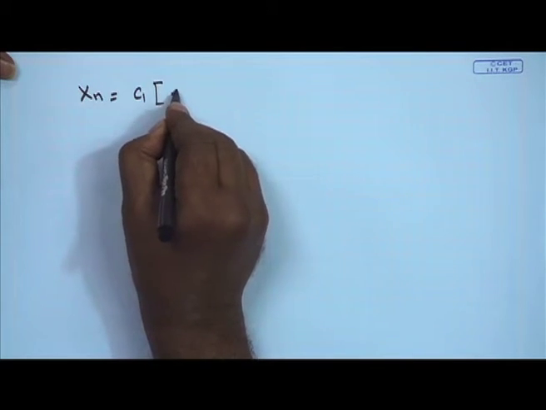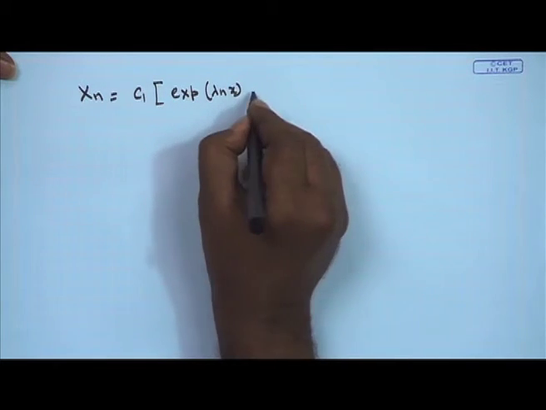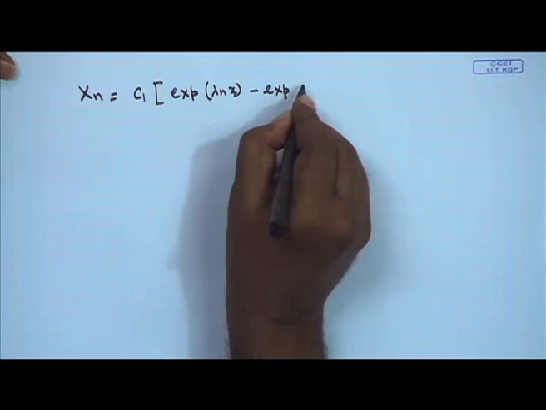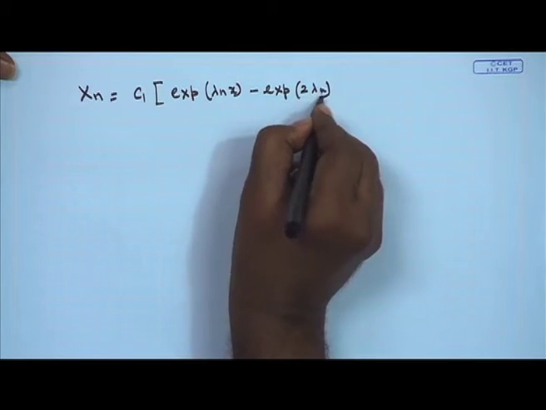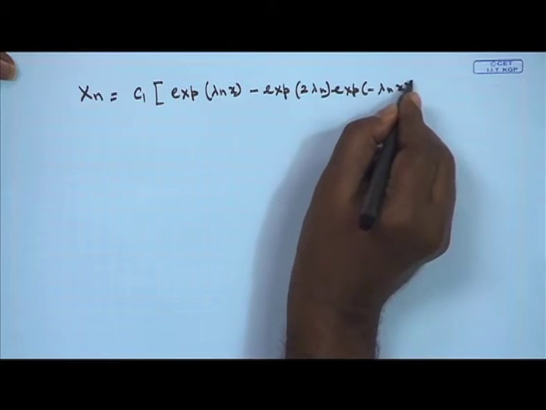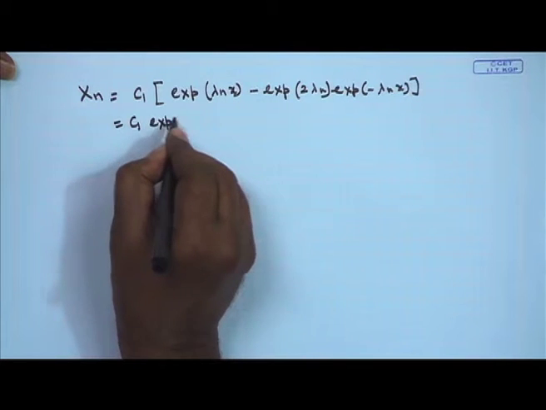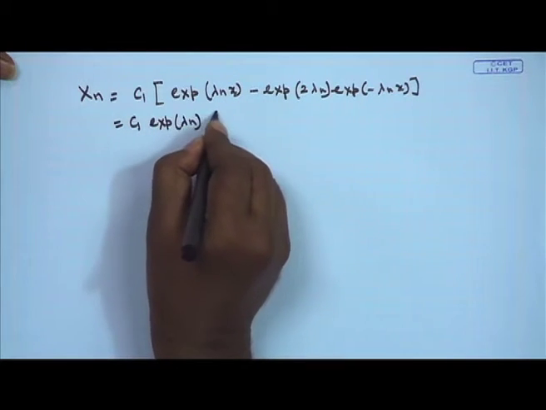That will give you exponential lambda n x minus exponential 2 lambda n exponential minus lambda n x, and then we take exponential lambda n common outside.